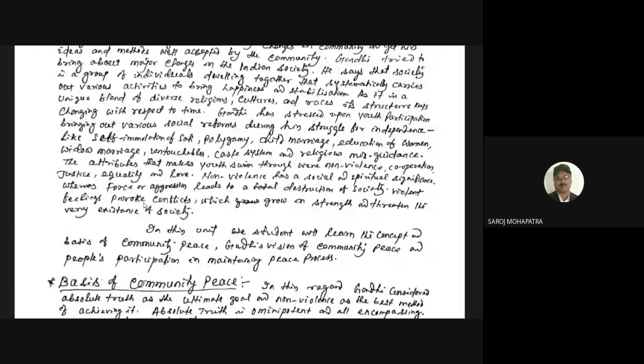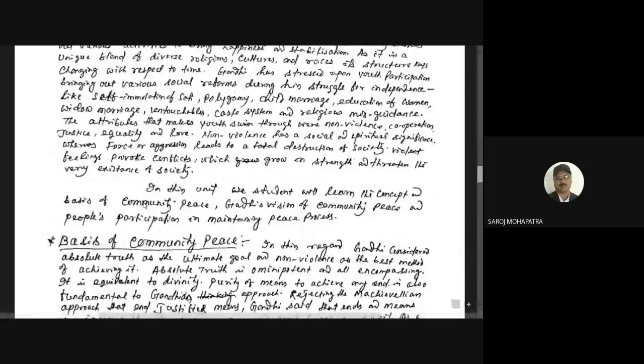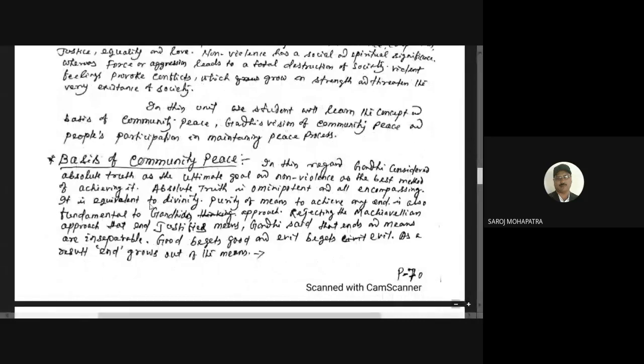That is why Gandhi addressed all the youth to follow a non-violent attitude so that community peace can be achieved. So in this unit, the student will learn the concept and basics of community peace, Gandhi's vision of community peace, and people's participation in maintaining the peace process.